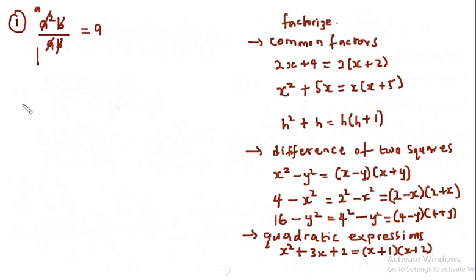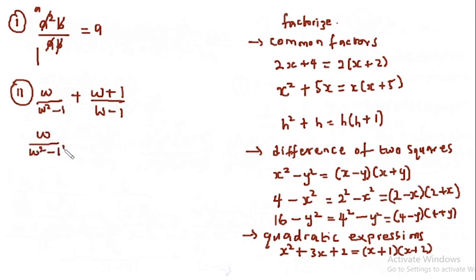Let's look at more complicated examples. Say we have w over w squared minus 1 plus w plus 1 over w minus 1. If we look at all of this, we immediately notice that we have a difference of two squares here: w over w squared minus 1 squared. 1 squared is also equal to 1.